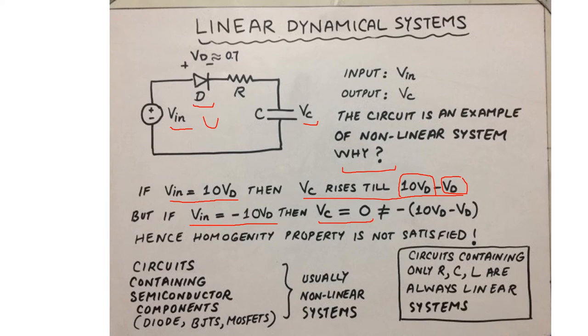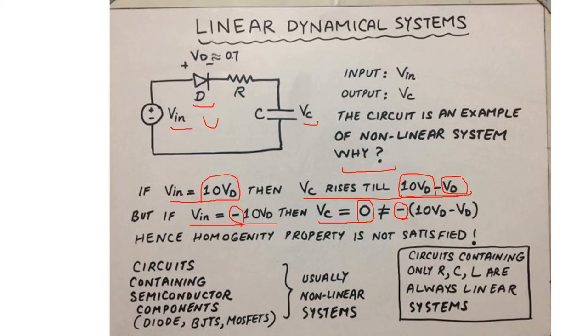And because the voltage across the capacitor is zero, this is not satisfying the homogeneity property, because had this system been linear, the voltage across the capacitor would simply have been the negative of the voltage when the input was positive, that is 10 times Vd. So just because we have flipped the sign of the input, the output sign is not negative, rather it is zero.